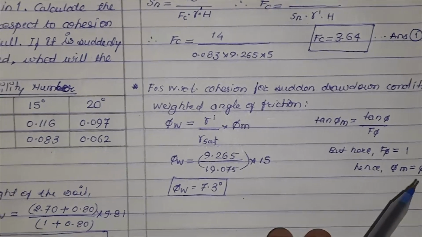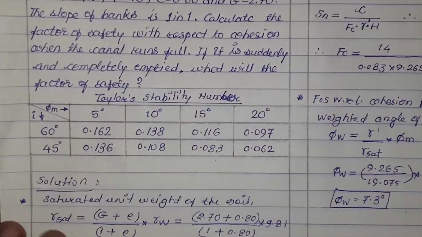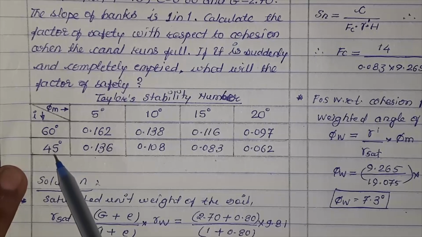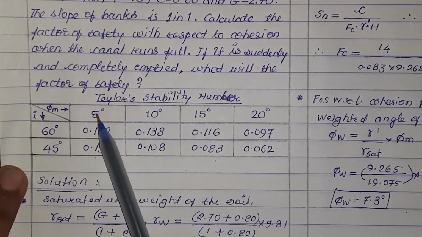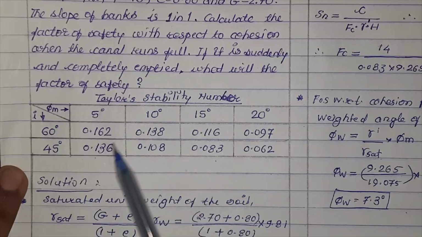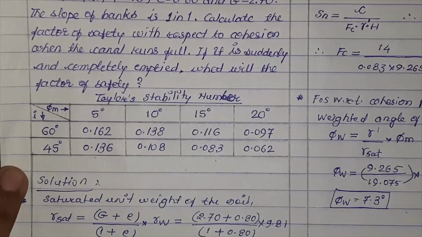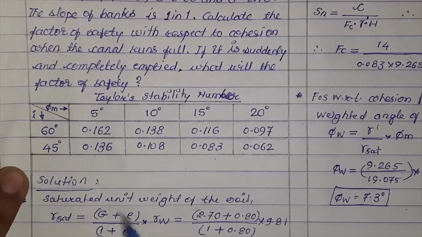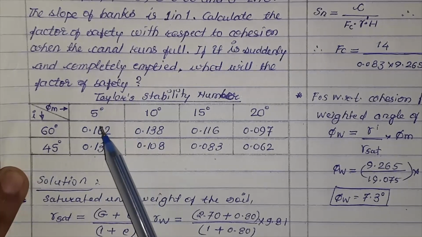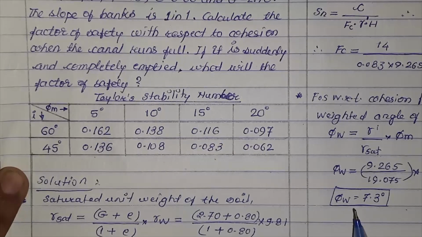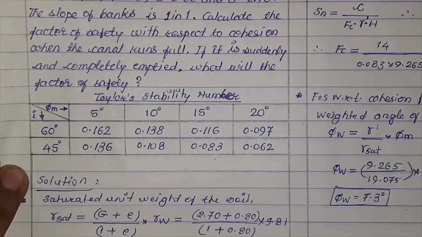Alright, let us go back to our table. Now slope angle is 45 degree. Our phi w is 7.3 degree, for which stability number is required. So this 7.3 degree lies between 5 degree and 10 degrees. Hence we have to use these two values. Using these two values through interpolation, we will find out Taylor stability number for 7.3 degree phi w. Let us solve it.